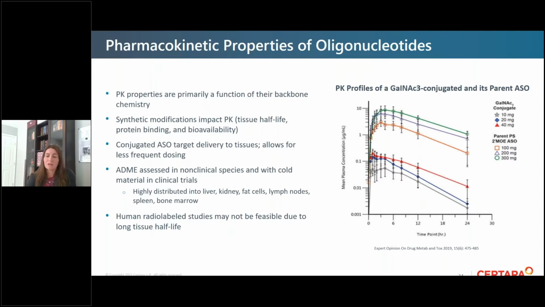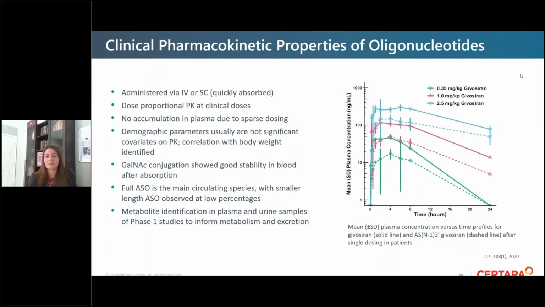Radiolabel studies with oligonucleotides are usually not feasible and not required because of the long tissue half-life of the compound, which makes this type of study really challenging. But that being said, these are still things you need to explore in your phase 1 studies.